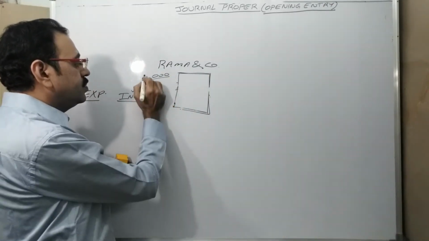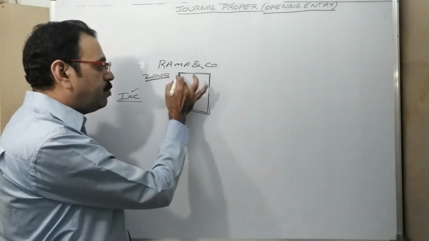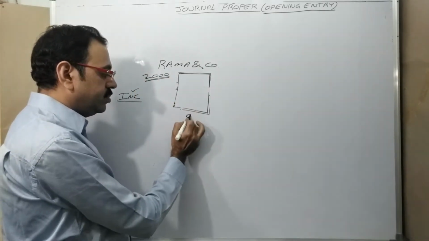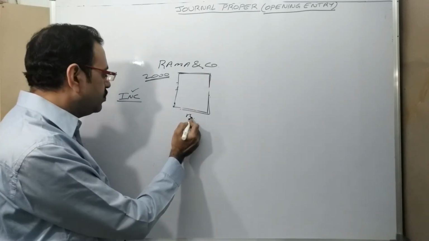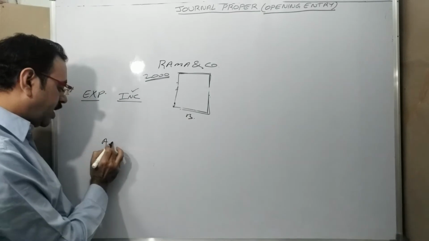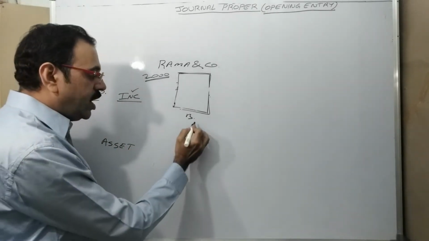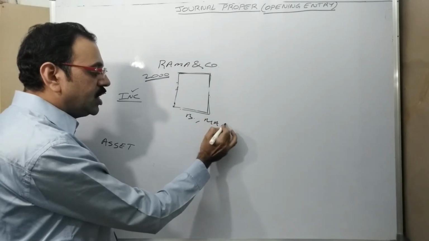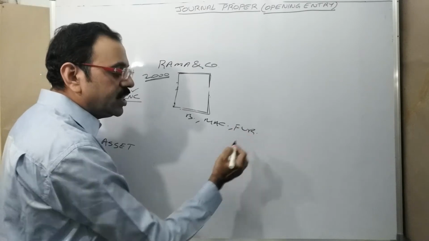Same firm, when they started in 2000 year, they purchased this building. Okay? Building is what? It is one asset. Similarly, they purchased some machinery. They purchased furniture.